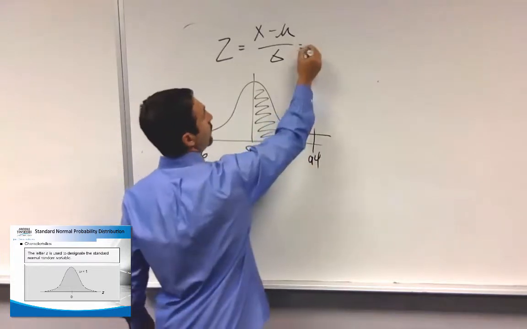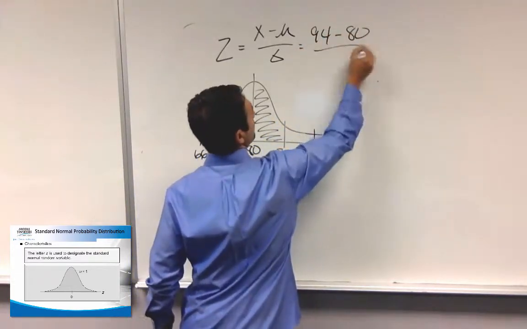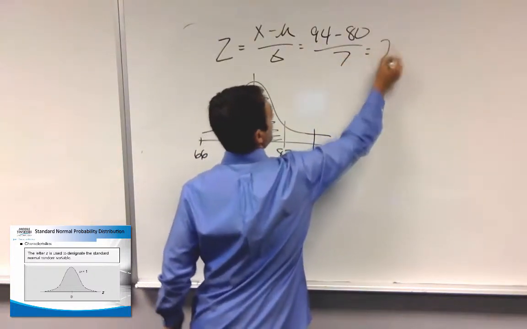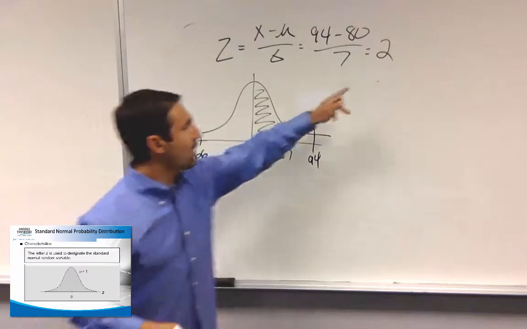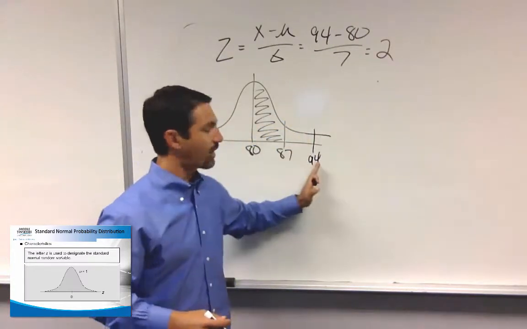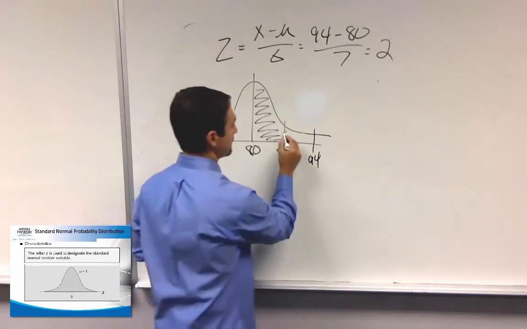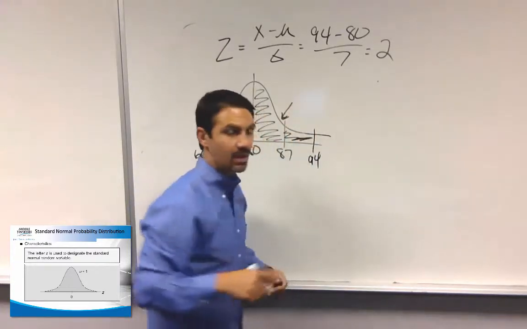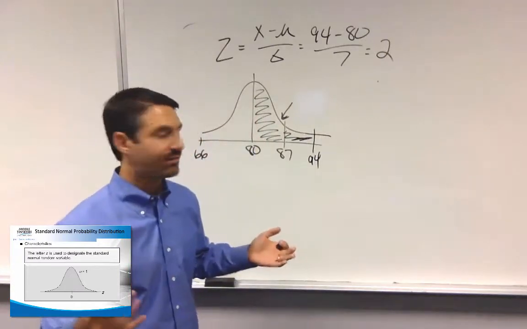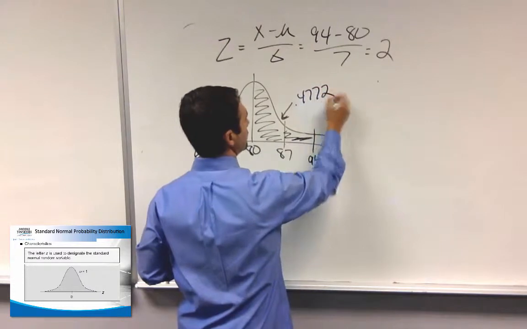So if we do 94 minus 80 divided by 7, that gives me a z-score of 2. And then if I know that value, I can come up with a probability out to that point. And in this case, well, you know, remember it was 95.4, half of that, and it would be 0.4772.